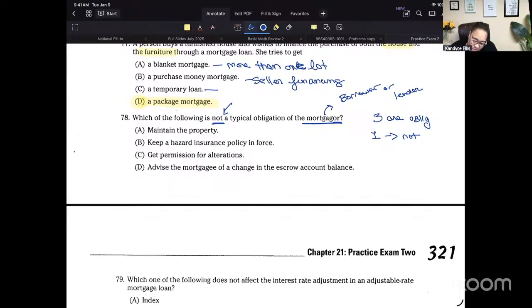So we're looking for what the buyer doesn't do. Did I just rewrite the question in the sidelines? Sure did. All it matters is that I get it right. So, who maintains the property? Who has to keep a hazard insurance policy in force? Who has to get permission for alterations? And who has to advise the mortgagee of a change in escrow account balance?